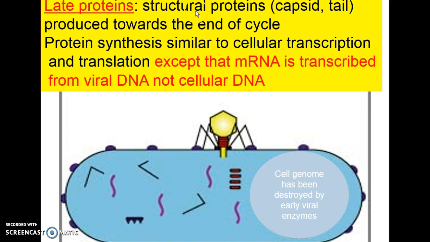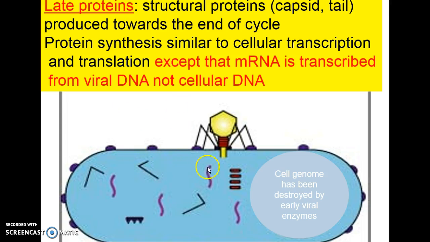Late proteins are proteins that are transcribed and translated later during the infection. These are going to be structural proteins that make up the capsid and the tail of the virus. Protein synthesis in this case is similar to cellular transcription and translation, except that the messenger RNA that is being transcribed is a copy of the viral DNA, not the cellular DNA.